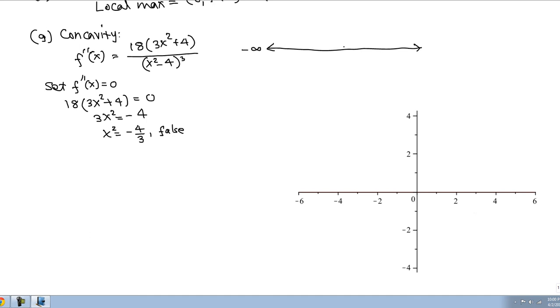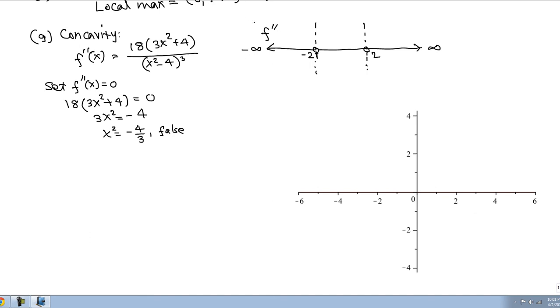The domain is negative infinity through infinity, except negative 2 and 2, where we have vertical asymptotes. So we need to test three intervals for the second derivative.